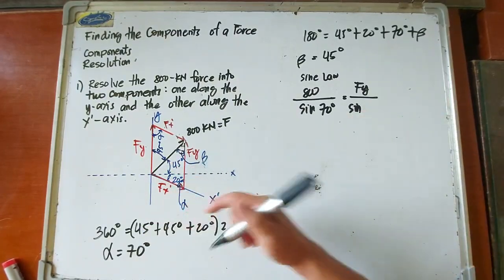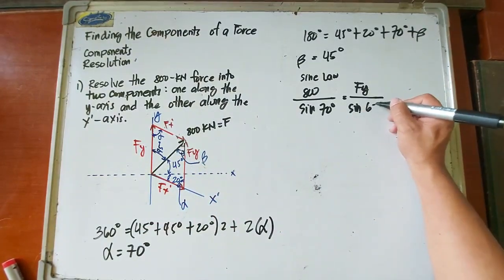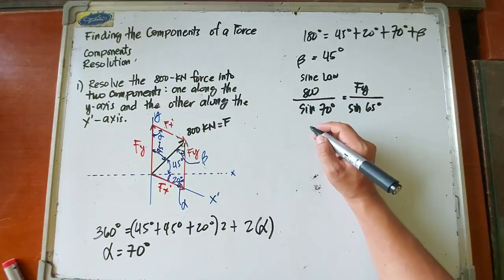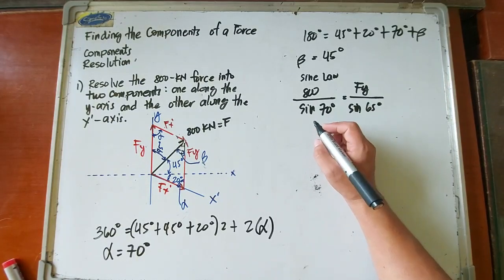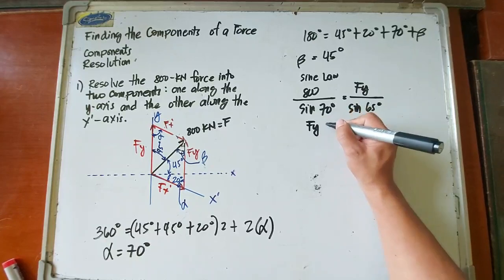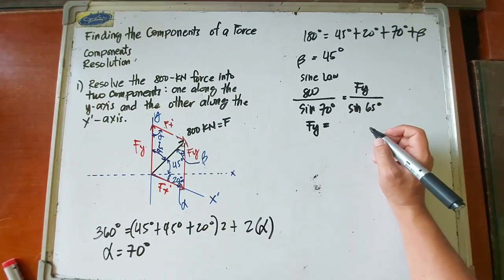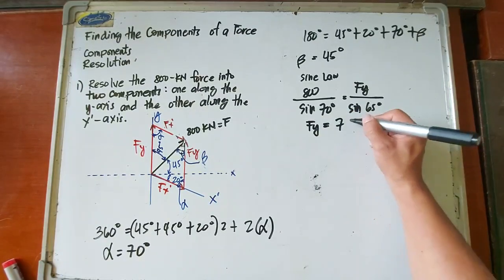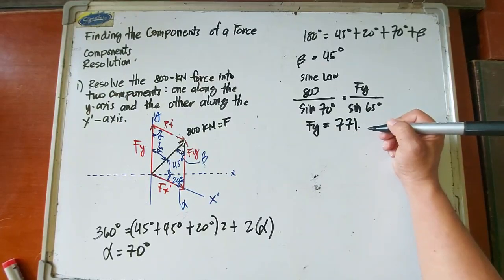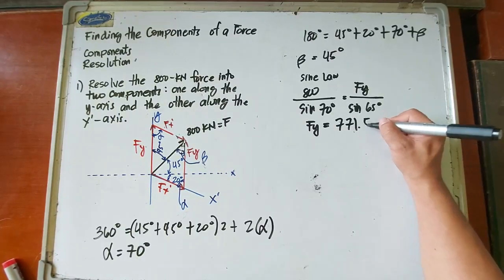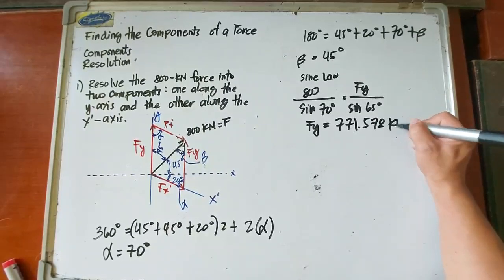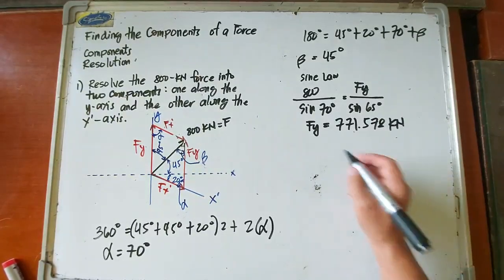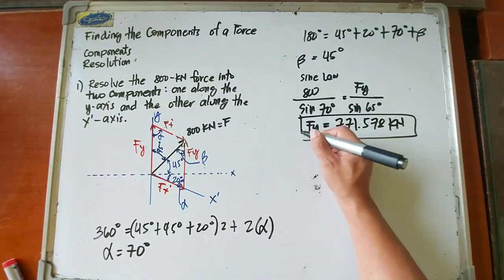Now 45 plus 20. So using sine law, Fy is 771.578 kilonewtons. Okay, so that would be the answer for Fy.